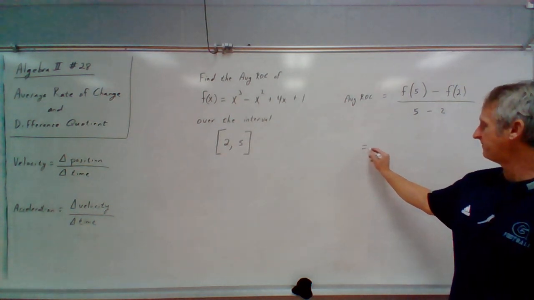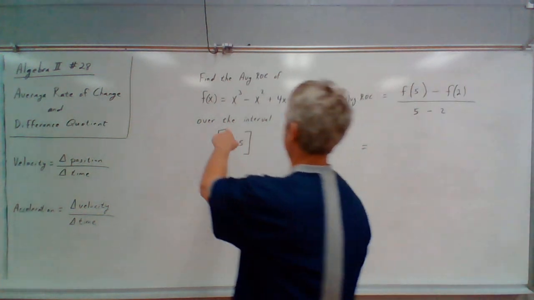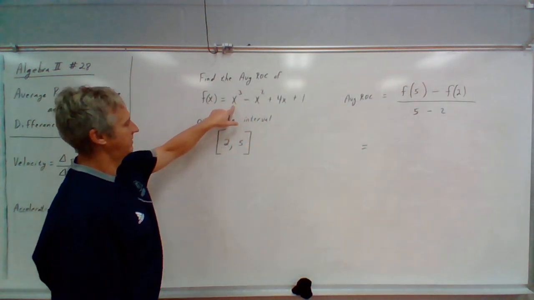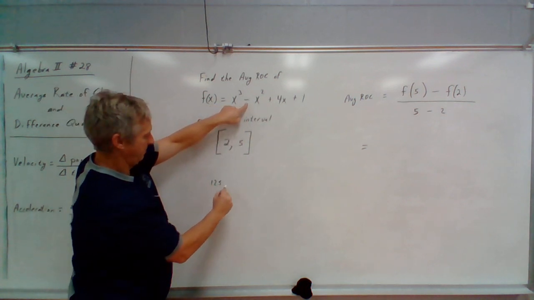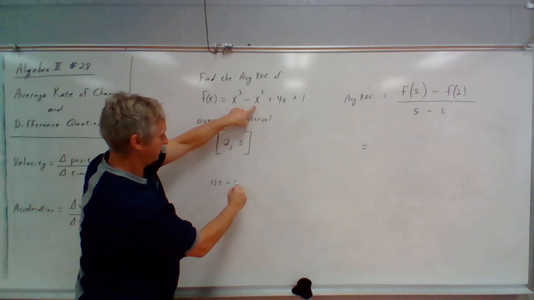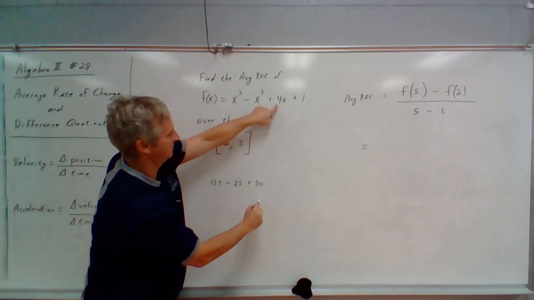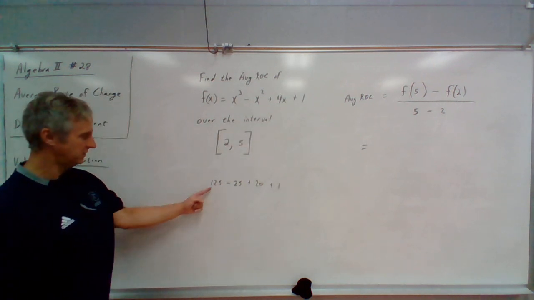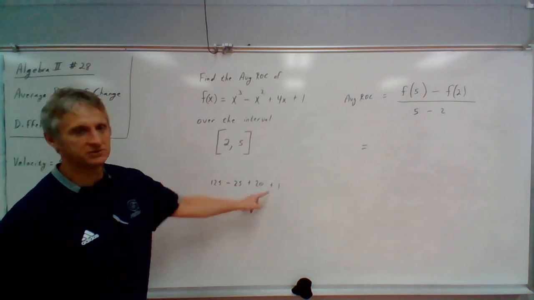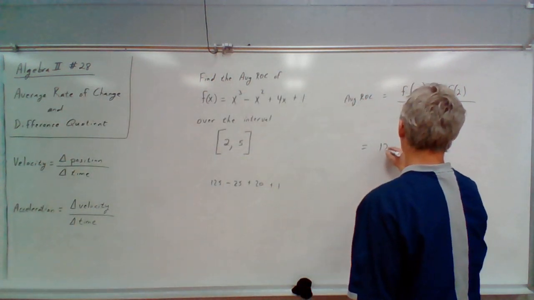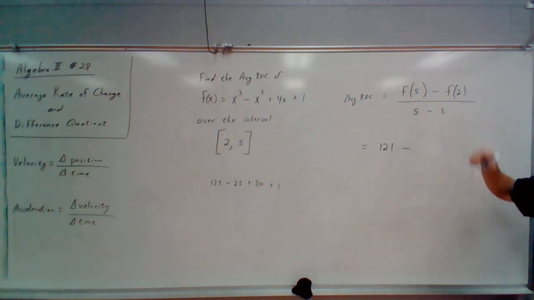All I'm doing is finding the slope of a line. All right, let's work this out. I need to find f of 5. So let's put 5 into this function. 5 cubed is 125 minus 5 squared is 25 plus 4 times 5 is 20 plus 1. So 125 minus 25, that's 100, 120, 121. 121 minus, now I have to find f of 2.